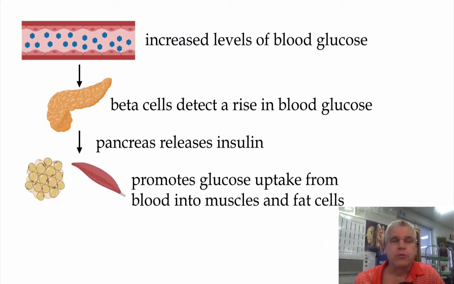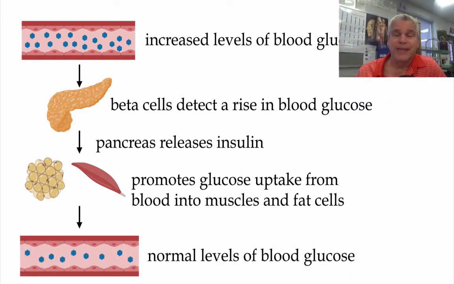Insulin goes to places like our muscles and our fats, and it causes more glucose to be taken into those cells, which will decrease the amount of glucose in blood. Once the amount of glucose gets back to normal levels in the blood, it's going to cause the beta cells to stop the production of insulin. Because we're stopping the production of a hormone, this is a negative feedback system.